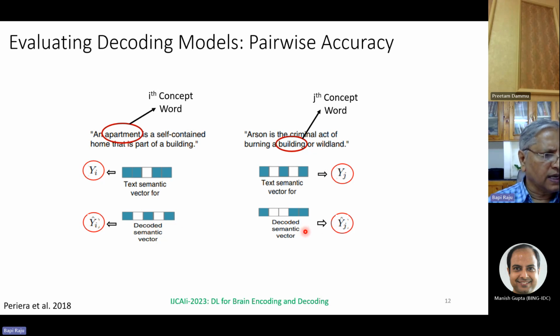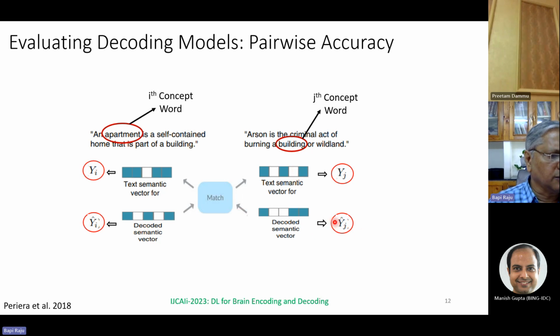And this pairwise accuracy says that you match the decoded vector yi hat with yi, and look at the correlation. Similarly, yj hat with its ground truth correlation, and also do the opposite: the decoded semantic vector yi hat, how similar it is to another concept vector.